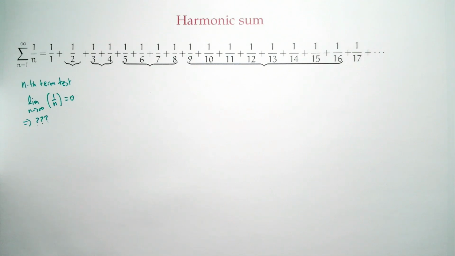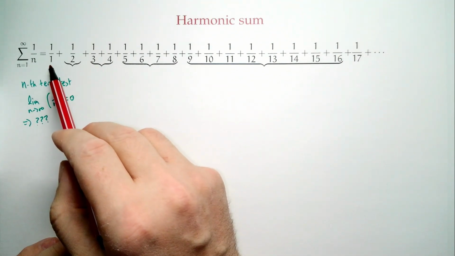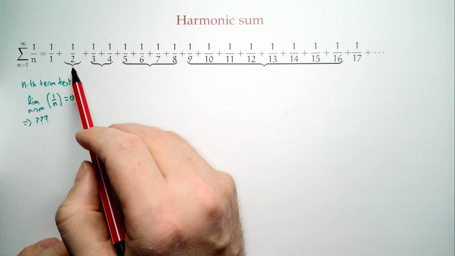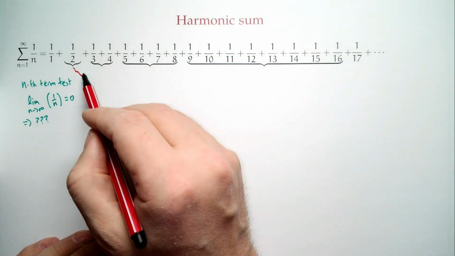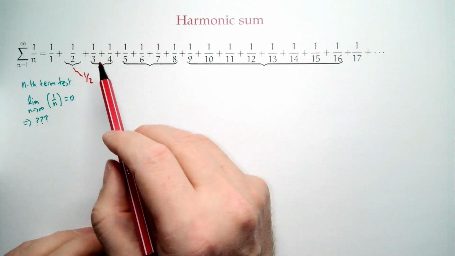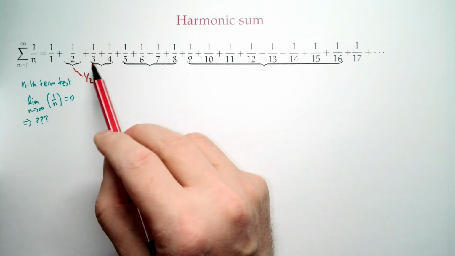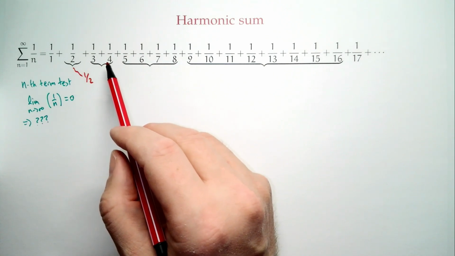Well, but maybe there's something else we can use to help us make a decision. So you'll notice that we've done some grouping here. The 1 is by itself, and then a half, which is certainly a half. Now notice the next terms, a third plus a fourth. Which one is the smaller term?